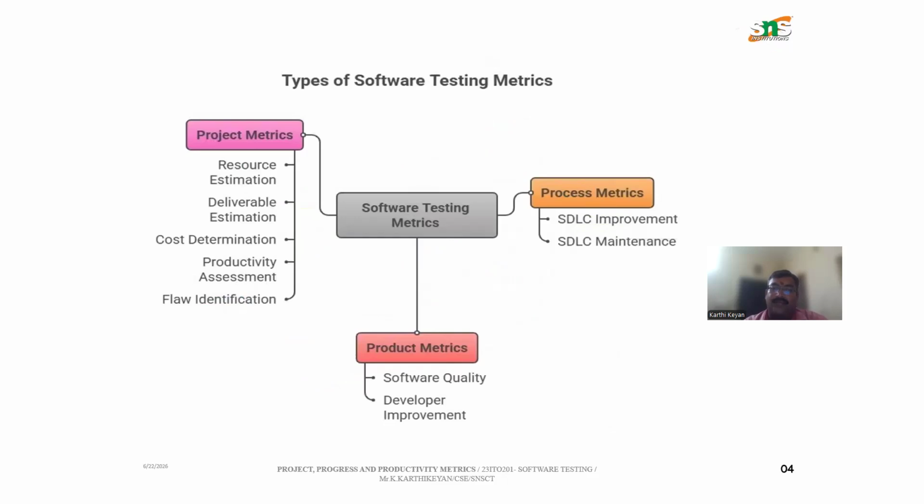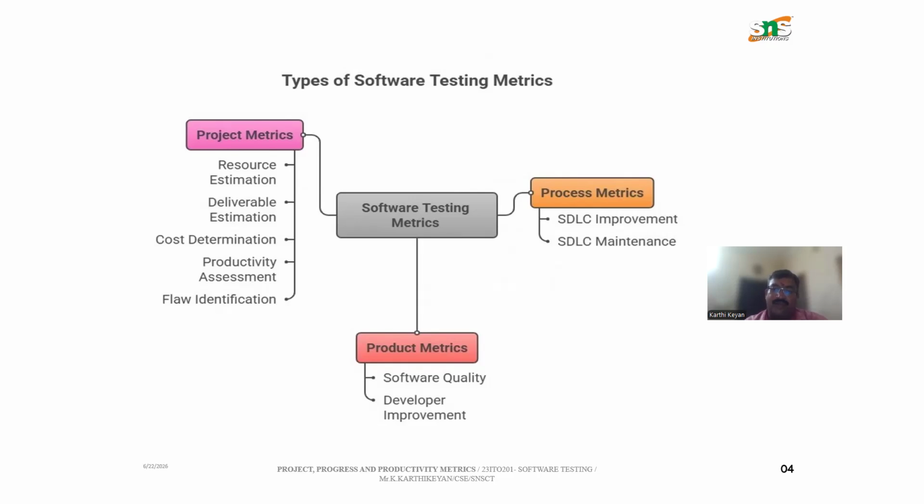These are the types of testing metrics: project metrics, process metrics, and product metrics. Project metrics are based on resource estimation. For example, if you buy new software, compare it with the market; if it is okay, you can buy and implement it and do more projects, based on feedback from stakeholders, customers and developers.